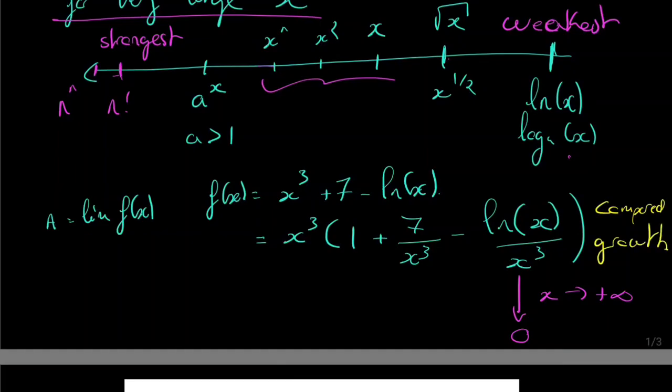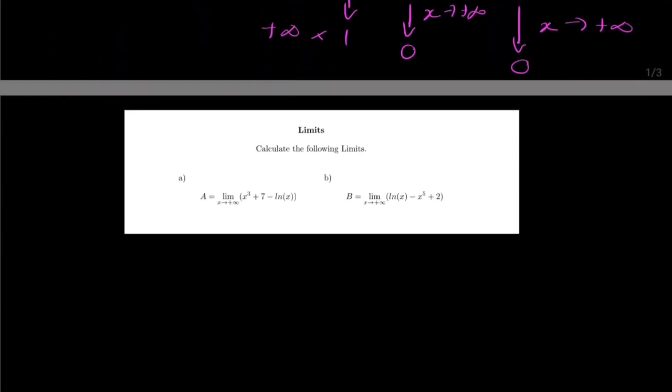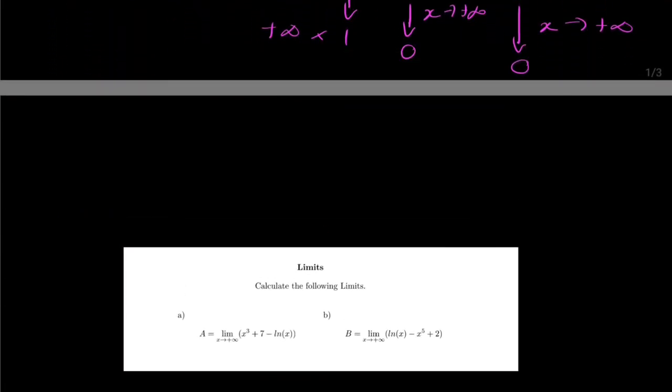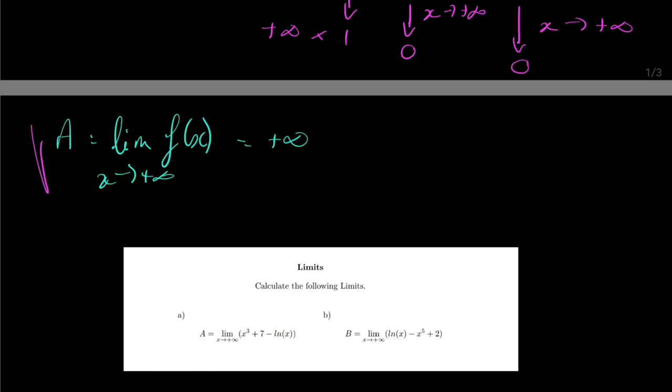Your teacher will understand that, of course. This will easily tend to 0 when x tends to plus infinity, and this will stay at 1. And we will have something like plus infinity times 1. And so we can conclude that the limit a, equal to the limit of f of x when x tends to plus infinity, is equal to plus infinity. And we have solved the first part.